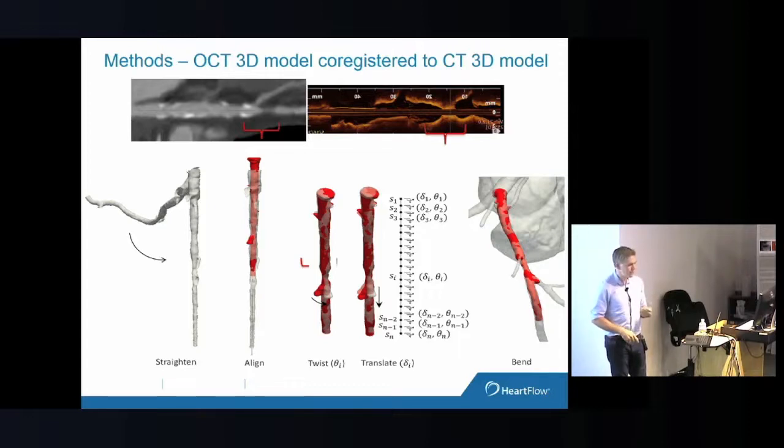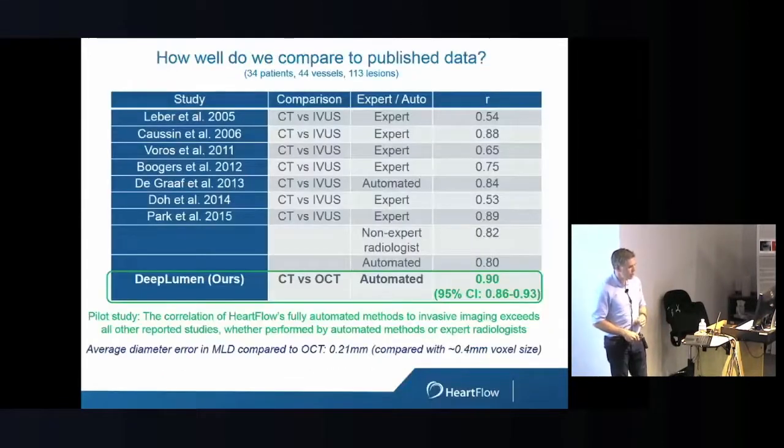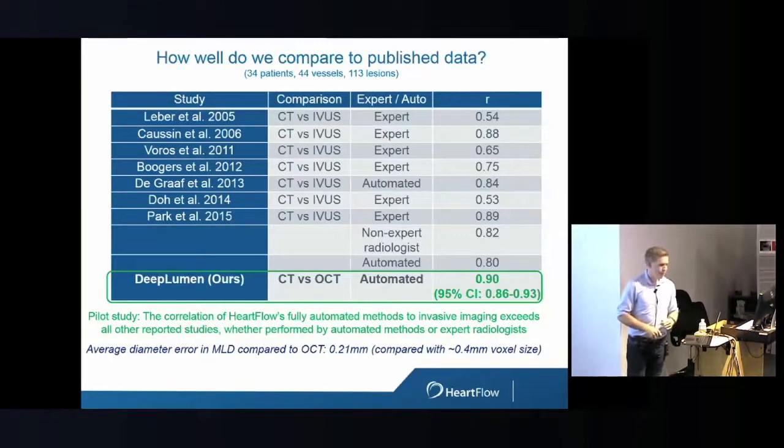data. When we do that, using just the fully automated algorithm, we did a pilot study on 34 patients, which was about 113 lesions. The correlation coefficient between the minimum lumen area derived from OCT and what we automatically calculate from CT was 0.9.